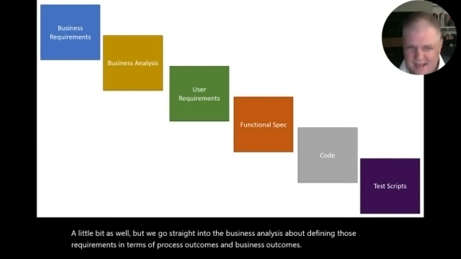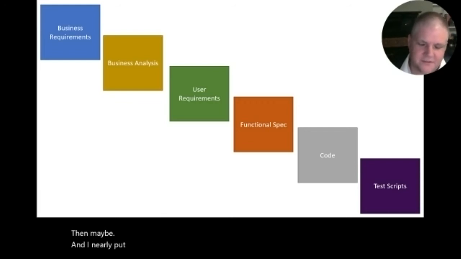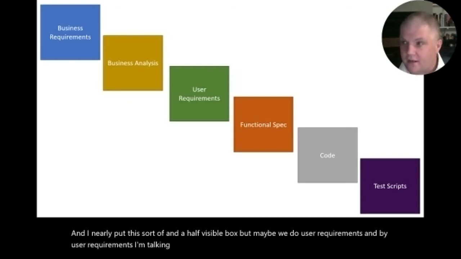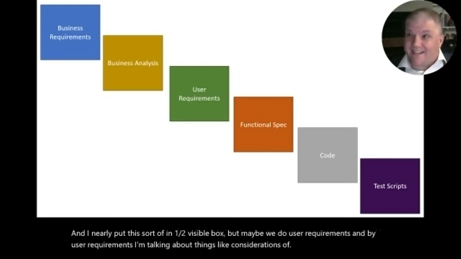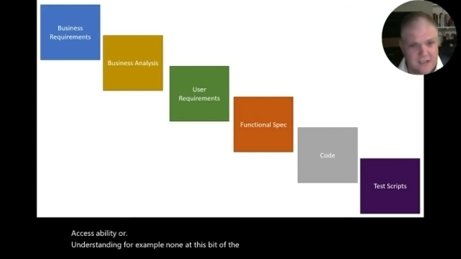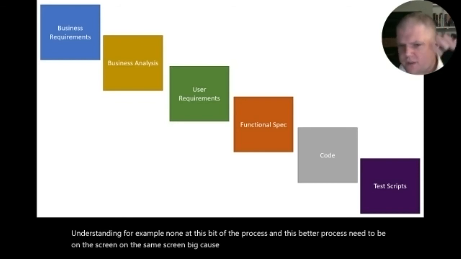Then maybe, and I nearly put this in a half visible box, but maybe we do user requirements. And by user requirements, I'm talking about things like considerations of accessibility, or understanding, for example, no, this bit of the process and this bit of the process need to be on the same screen, because X, Y, Z. Simple usability type requirements like that.